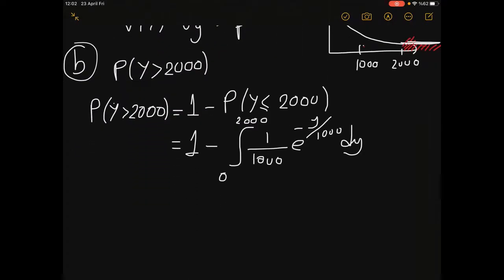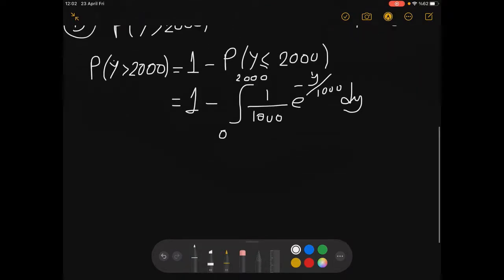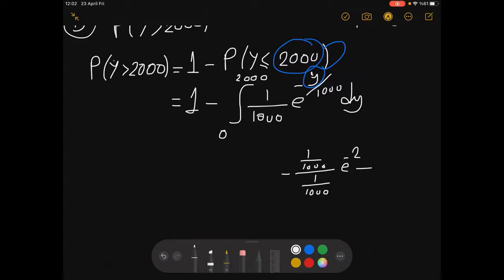So when you put them in their positions, if we come back to this one, what is your upper limit y? It is 2000, right? So it should be minus 1 over 1000 over 1 over 1000 e to the power minus 2, since 2000 over 1000 is 2.